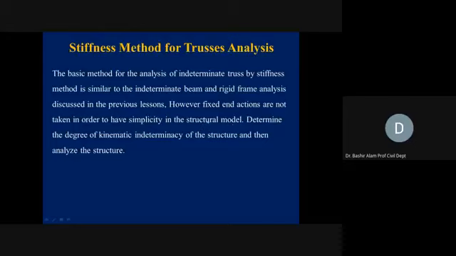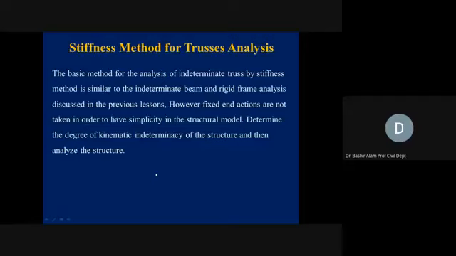Because its effects are going to be negligible. Determine the degree of kinematic indeterminacy of the structure and then analyze the structure. So again, it's a stiffness method. So kinematic indeterminacy, which is the degree of freedom we will be looking for. And then we go and analyze the structure by following those now standard steps.